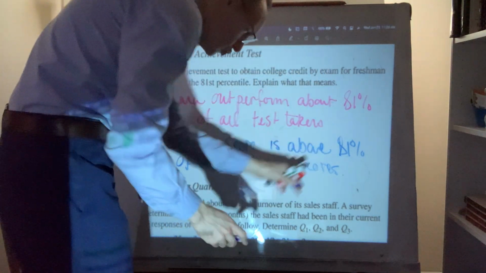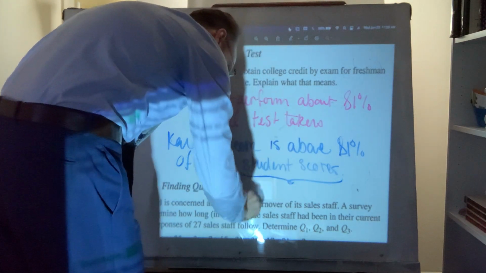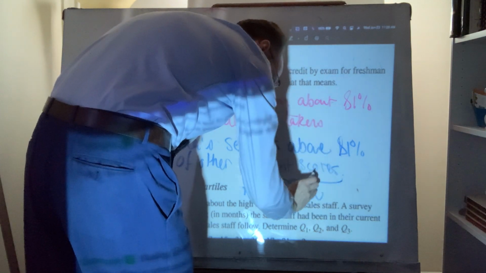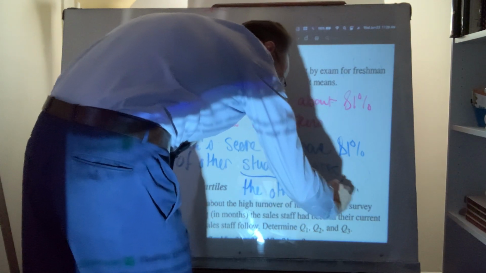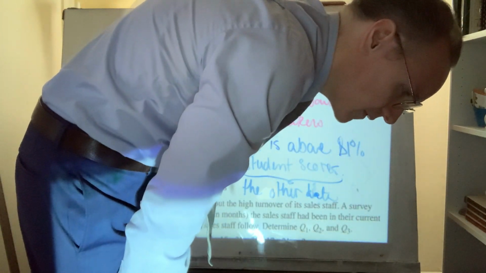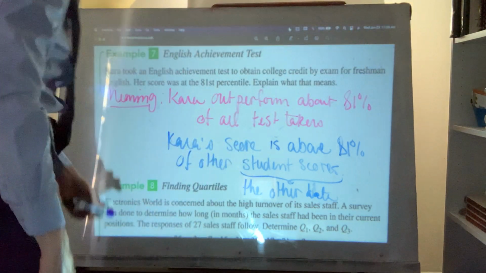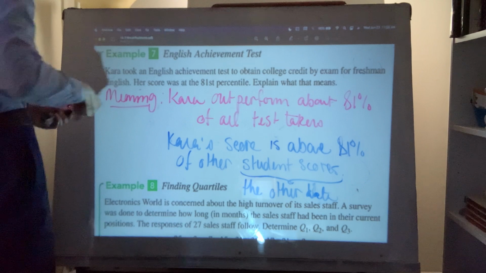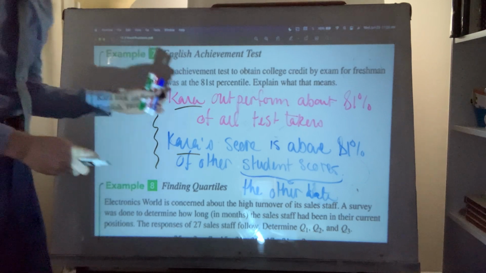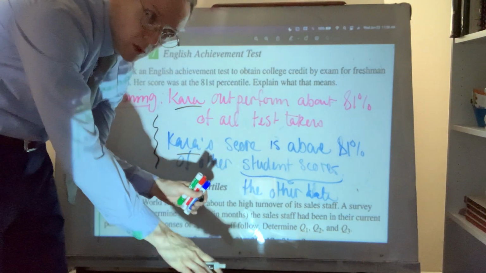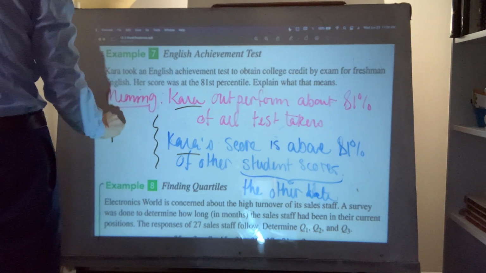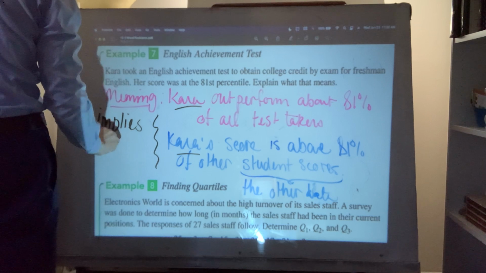If the data are student scores, then that's what that is. On the flip side, I'm not trying to be disparaging of this Kara person at all, but if 81% are below you, how much is above you? This implies 19% above Kara.